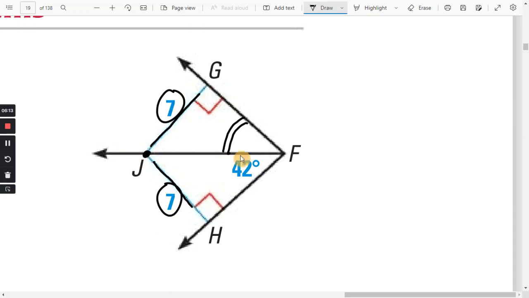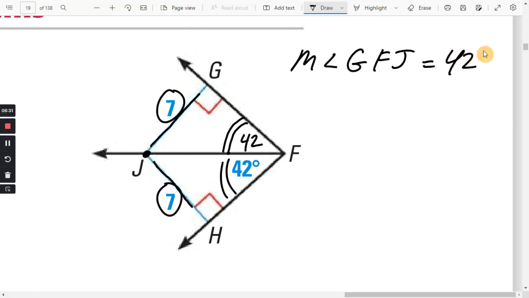So if this is an angle bisector, that means this angle is being cut in half. So if this one is 42, this one also has to be 42. So the measure of angle GFJ is going to be 42 degrees.